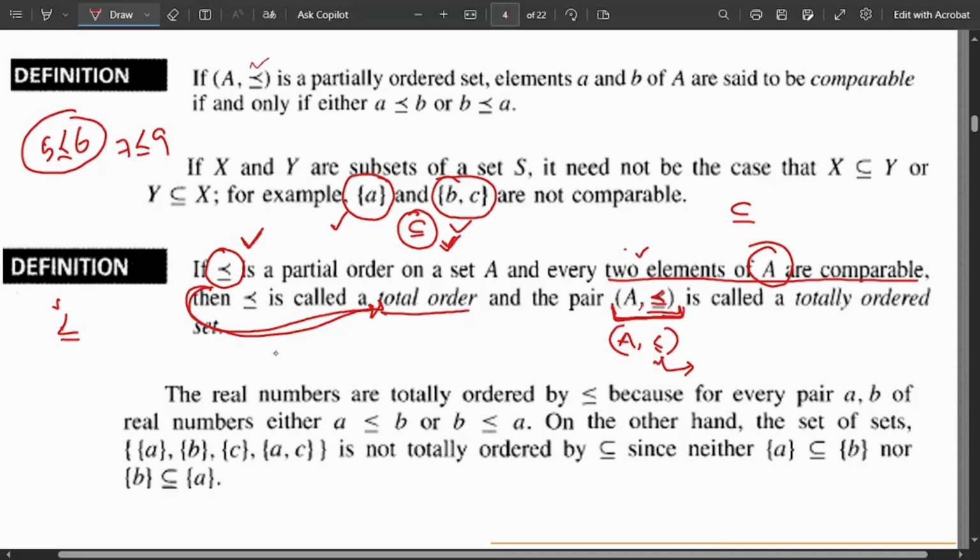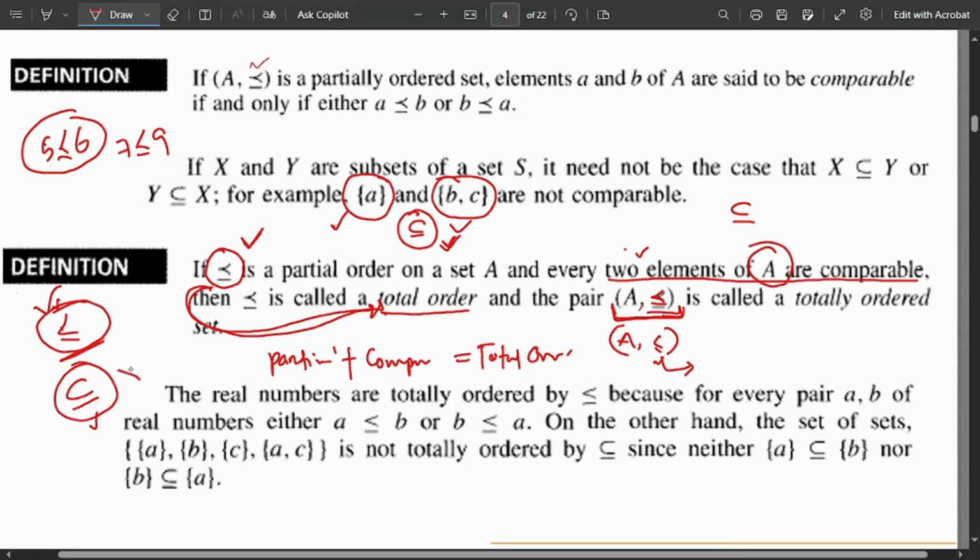That actually means partial order plus the comparability condition equals total order. So we can compare any two real numbers with this relation, so this is a total order. But we cannot compare any two subsets with the subset condition, so this is not a total order.